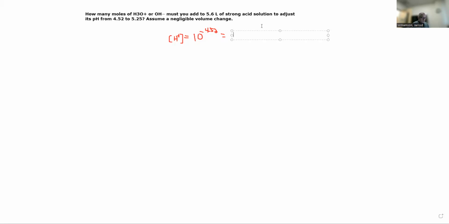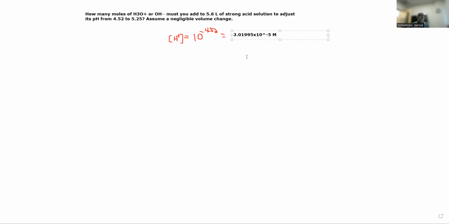So let's go 10 to the negative 4.52. That'll be 3.01995 times 10 to the negative fifth molarity. Let's go some extra sig figs on this.